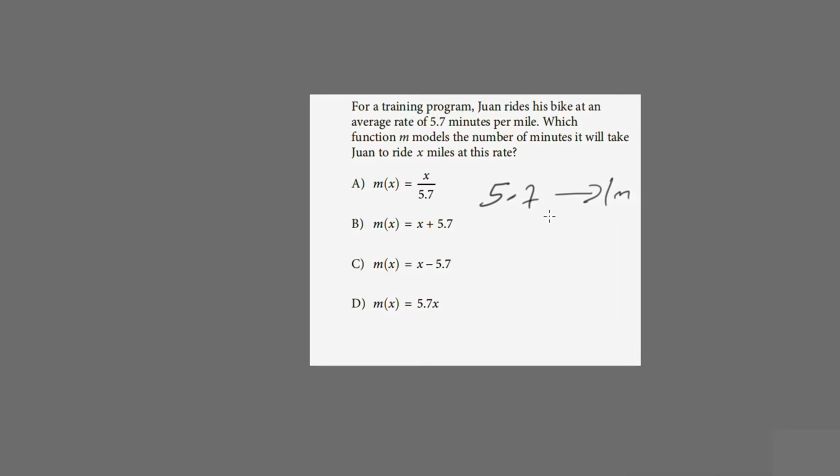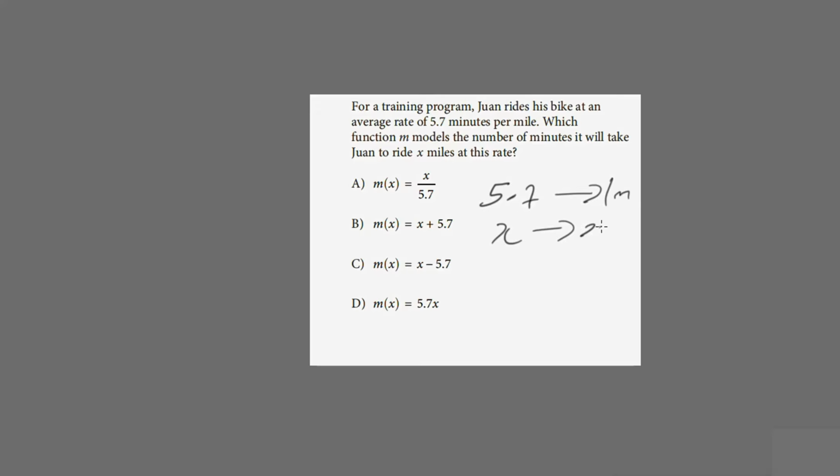Then it's asking us which function M models the number of minutes it will take Juan to ride X miles at this rate. So we don't know the number of minutes, let's call it M.